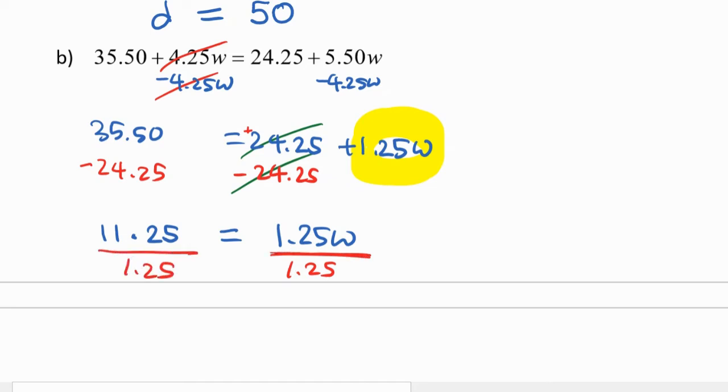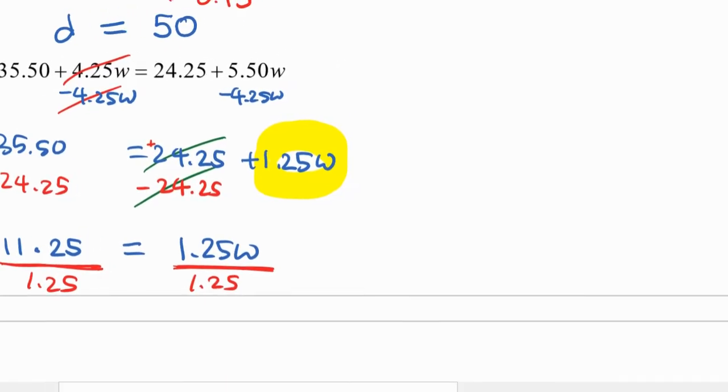So remember everyone, this is a division bar. Divide both sides by 1.25. Then use your calculator to calculate w. Then the answer is 9.